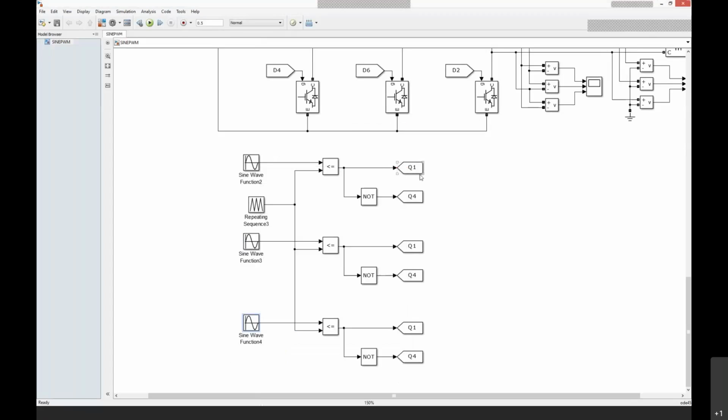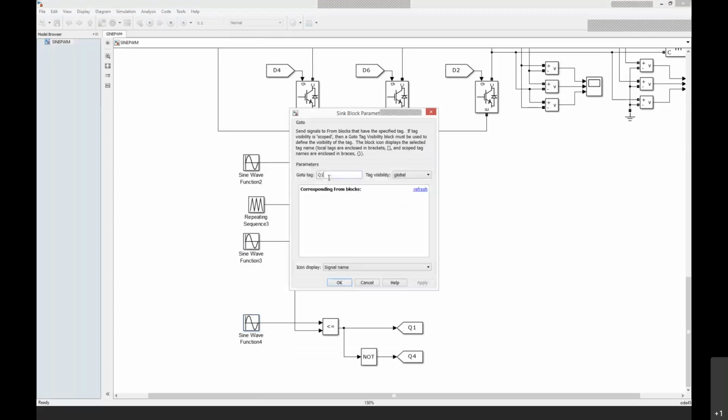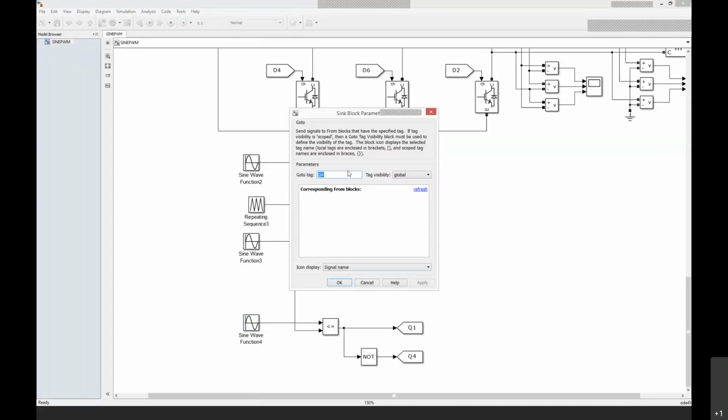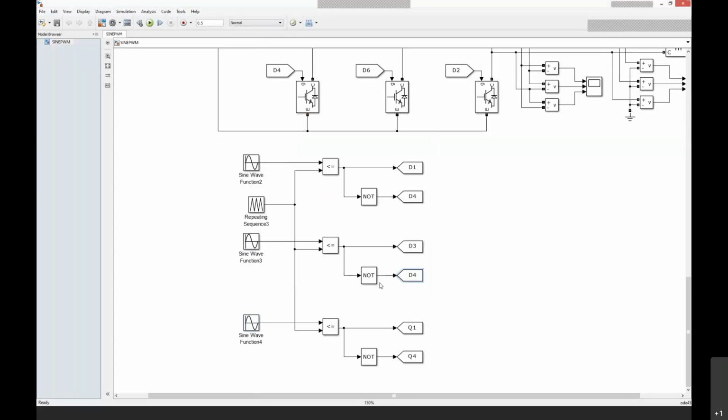So here A phase is controlled by D1, right? D4. Similarly, B phase upper and bottom are D3 and D6.